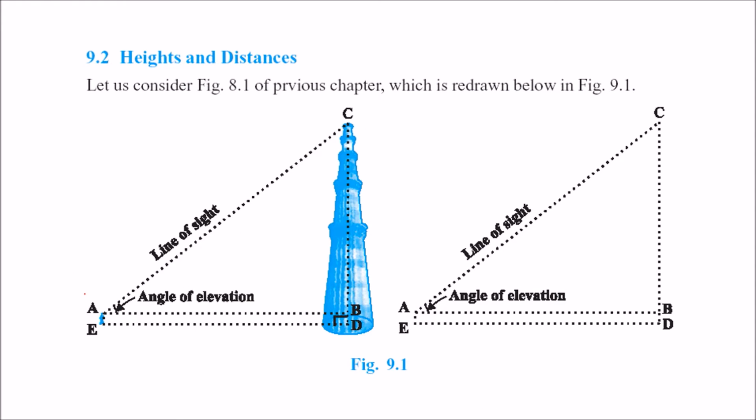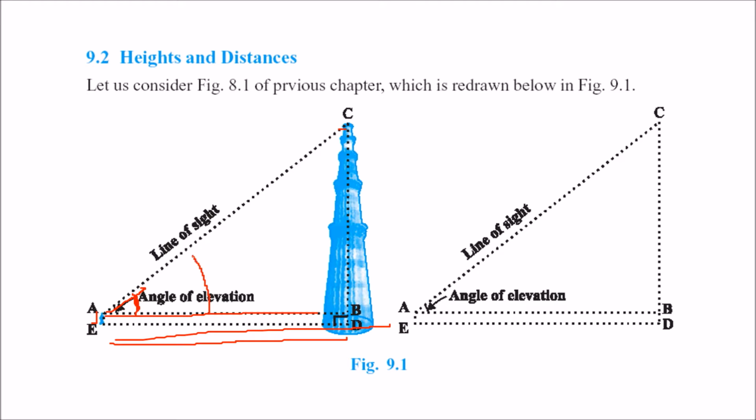If anybody is standing here and there is a minar or a pole which stands at 90 degrees, vertical to the ground, then by finding your angle of elevation, the angle between the horizontal and the line of your eyes as you look up to see the peak, you can find the height.